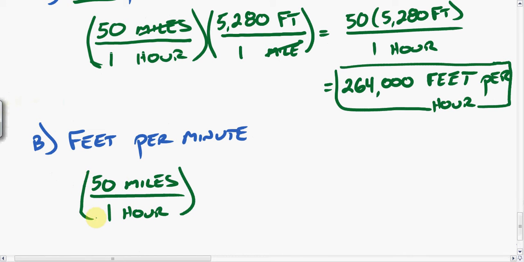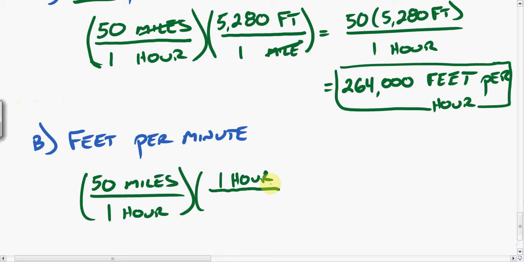You can build off what we did here. Instead of changing miles to feet first, I'm going to work with the hours first. I want to cancel the hours. If I have an hour in the denominator, where does the hour have to go? It has to go in the numerator.